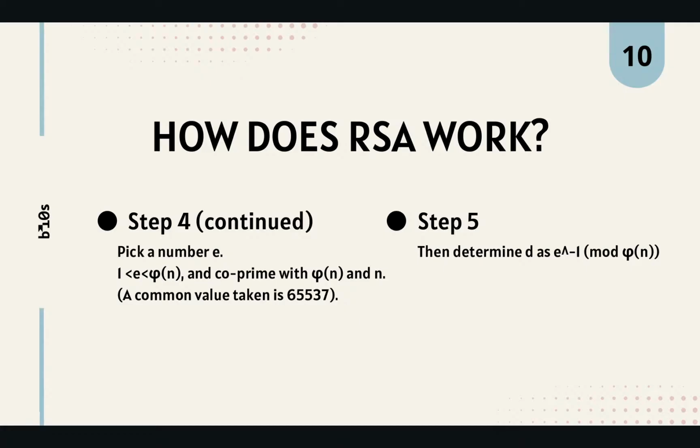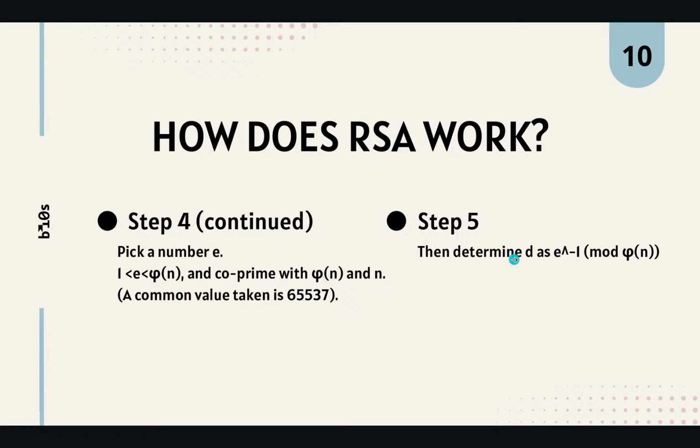This number e should be between 1 and phi of n. Additionally, e should be co-prime with phi of n and also n. Usually for encryption, we pick the number 65537 for different reasons. It's more secure and it's faster, but I won't get into why. So that is e.